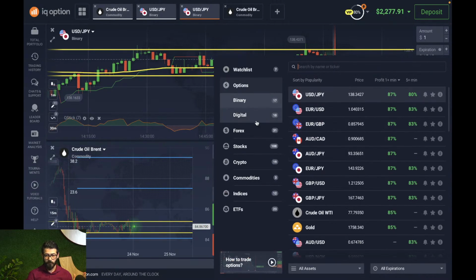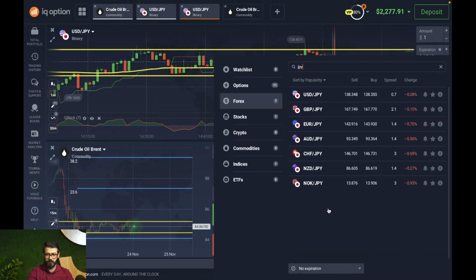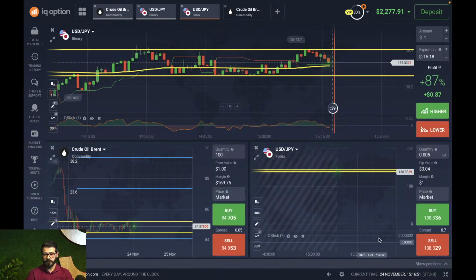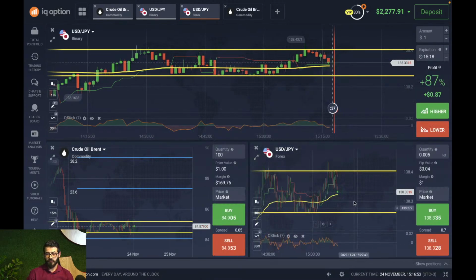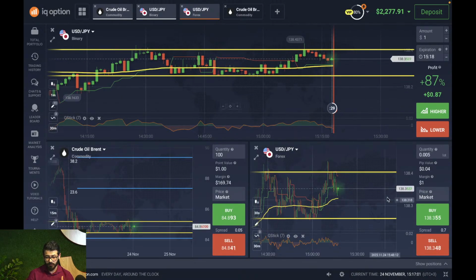Same asset, I can open it in Forex, USD JPY. We open it so that the moment the breakout happens, I can open my position on the binary part, and I can also open my position on the Forex part. This can even be a longer term trade on the Forex.